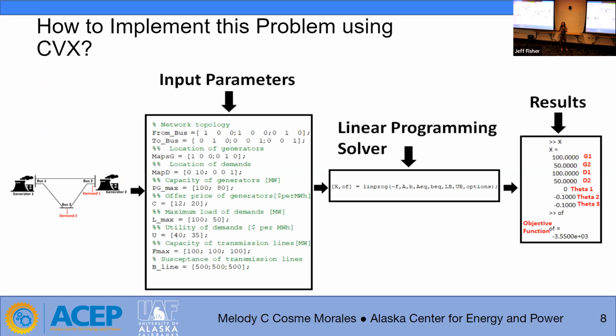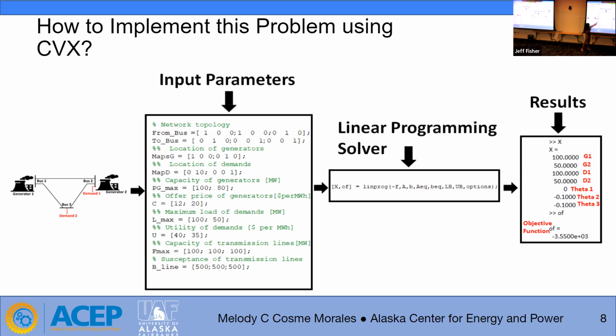So how do we use CVX in these kinds of problems? Normally we can see them in a math way. We put in the inputs of the parameters. We identify the topology, which is the locations and the connections. We also identify the capacity of the generators.